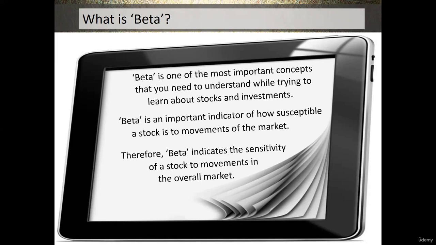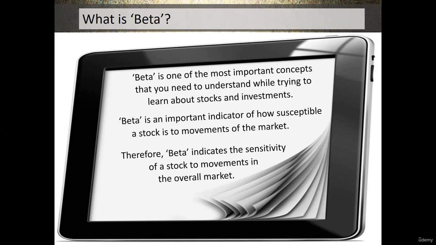Let's suppose you are riding a two-wheeler. Now, in this case, there are two types of risk which you will be facing. One is systematic and the other is unsystematic. So what type of risk will be unsystematic and what type of risk will be systematic in the case of this particular rider?